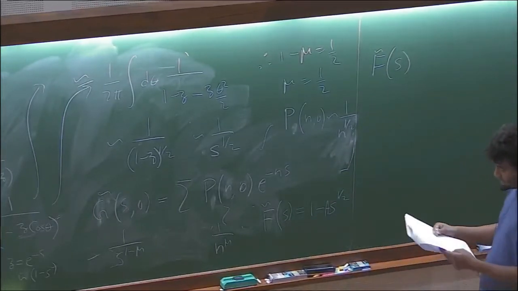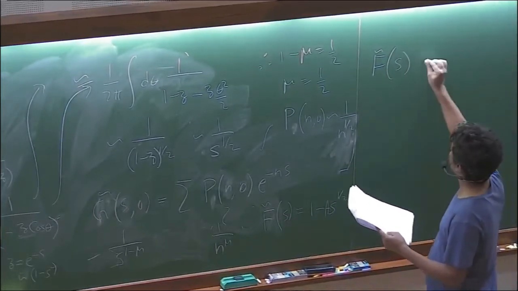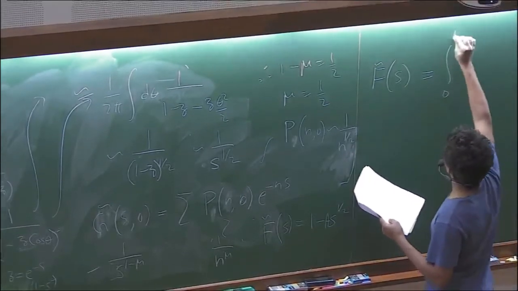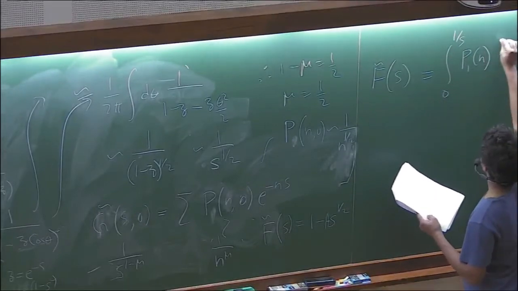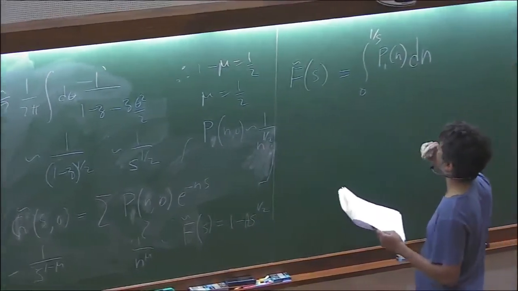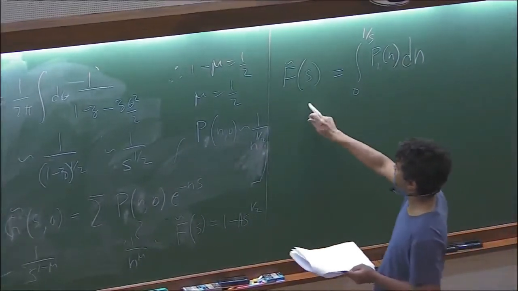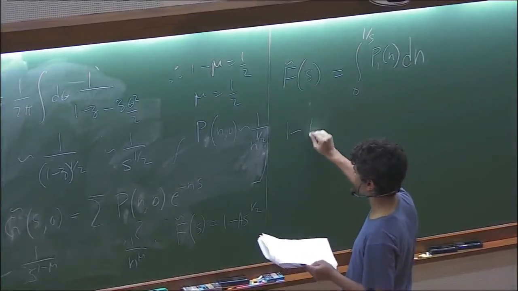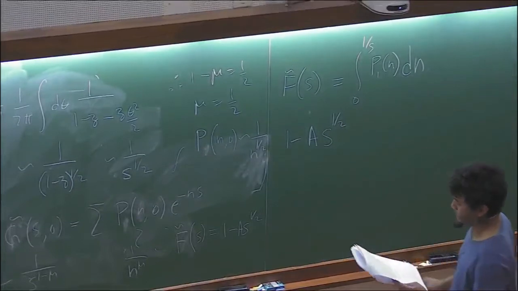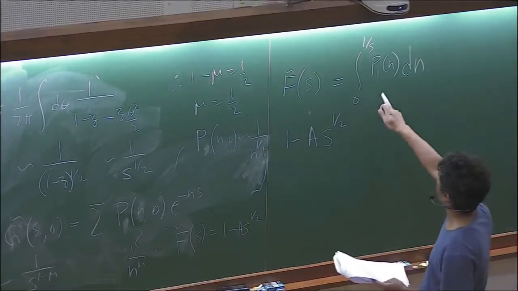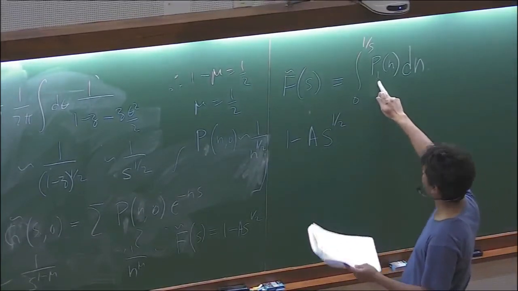Okay, so if tilde s was given by, and this we see has the form 1 minus a to the power half. Okay. Now, what can P1 be?